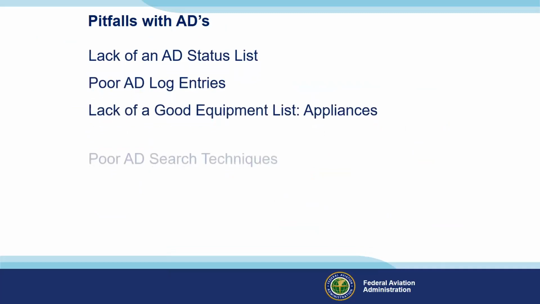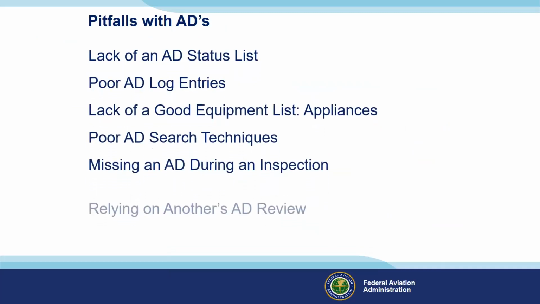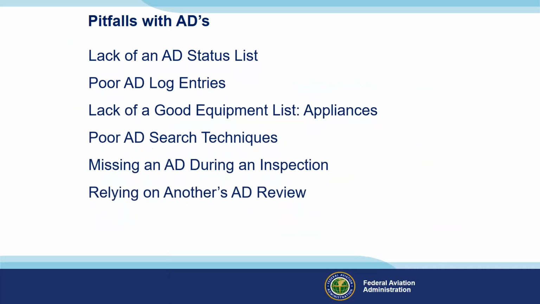So some pitfalls with ADs: lack of a good AD status list, poor AD log entries, lack of a good equipment list that doesn't show all the appliances that are installed, poor AD search techniques. We saw some of this in the accident reviews.